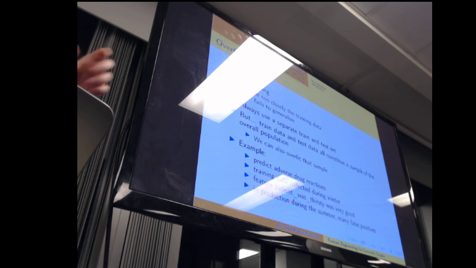But you can still overfit in a more complicated way, because the train data and test data are a sample of your overall population. So you can overfit to that sample.